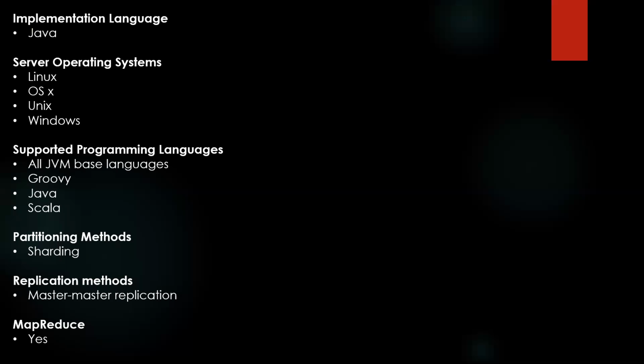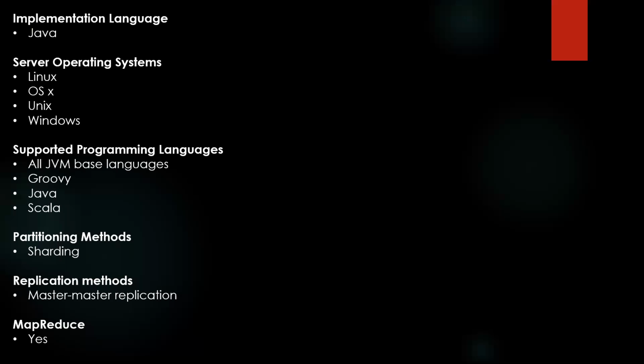So we have to install it. Okay. Coming to the server operating systems, you can install on Linux or any operating system of Microsoft or Unix, etc., because it is compatible with different operating systems.